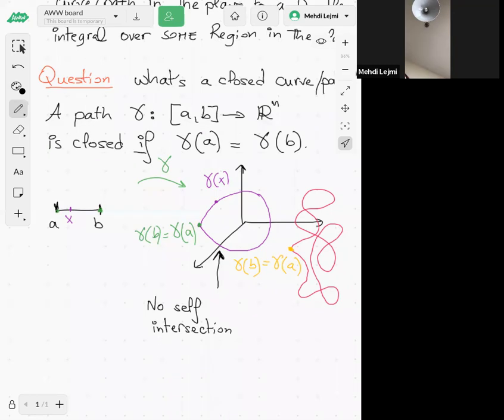Now in this example, this curve has many self-intersections, right? The curve intersects itself at many points, like here, here, here, etc. So this curve has many self-intersections.